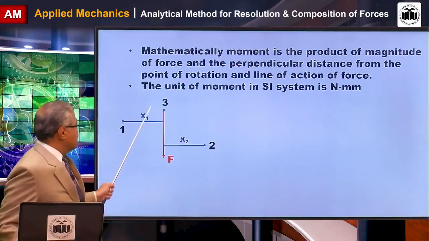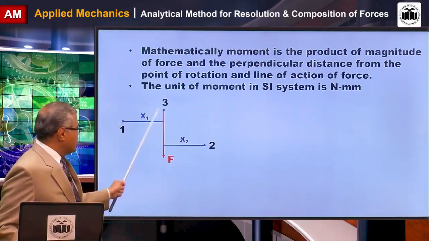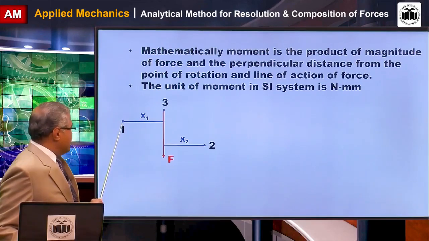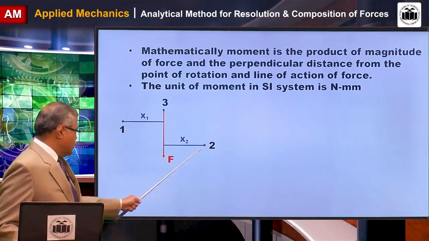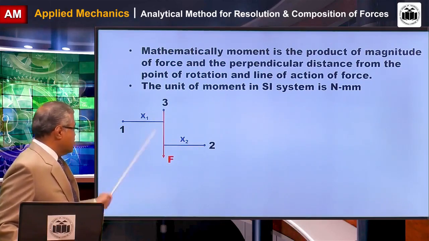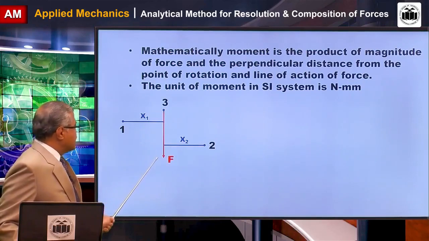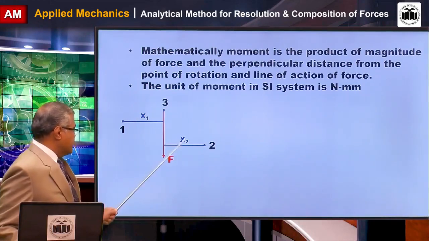Here force F is acting like this, and we have three different points: point 1, point 2 and point 3. Point 1 is at a perpendicular distance of x1 from the line of action of force F. Point 2 is at a distance of x2 from the line of action of force F, and point 3 is itself on the force F, so its distance from the force F is 0.